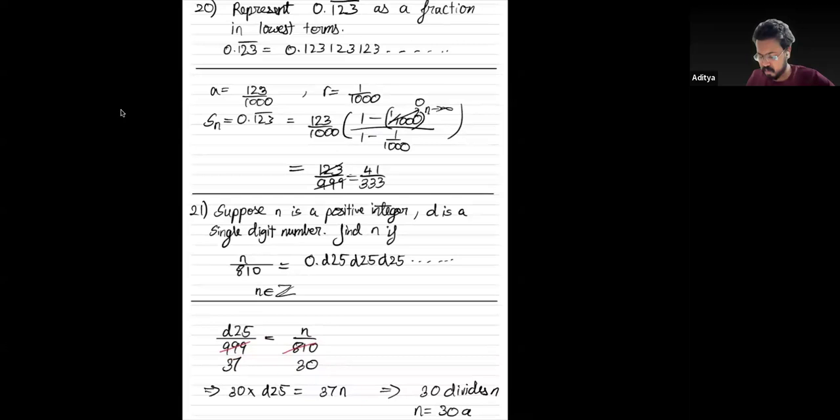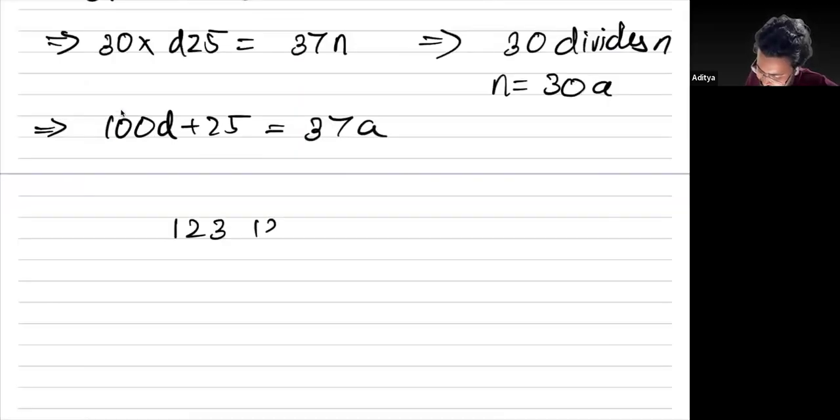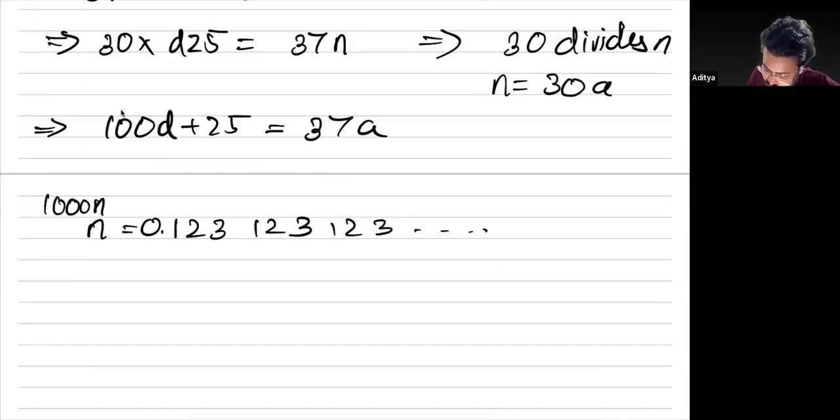It's simple. Let's take the previous example, 0.123123123, and so on. Let's call n equal to 0 point this. Now, 1000n will be equal to 123.123123, and so on. Correct?